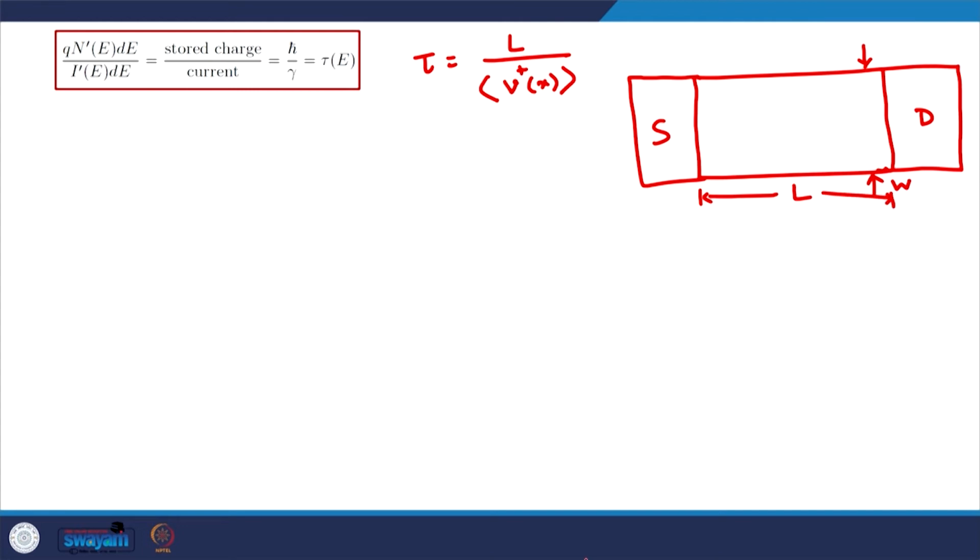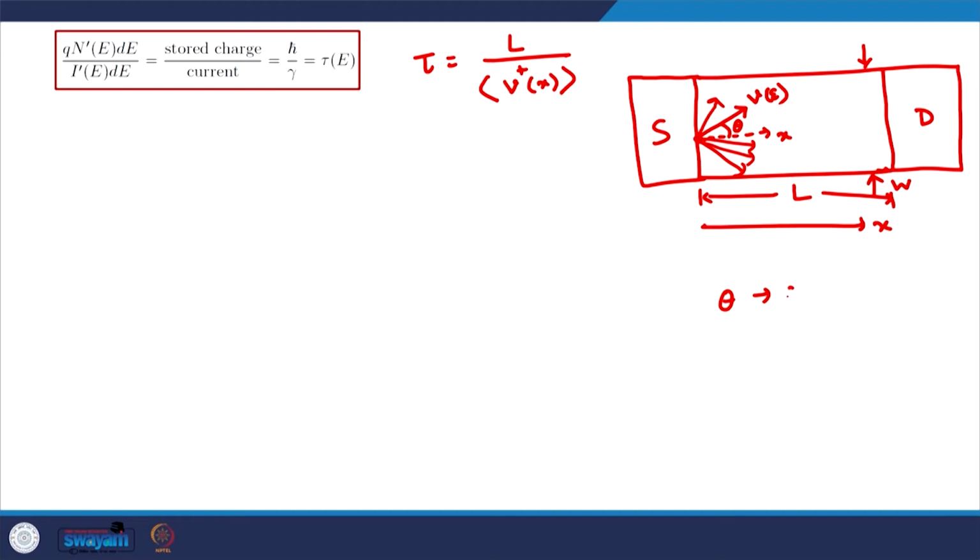So, in this case, for any arbitrary electron, and if this is the positive x direction, the electron can start from the source at an angle theta from the x direction with velocity v e. Some electron will start in this direction, some electron will start in this direction. So, these are the various possibilities that the electron will start from the source to the drain side.